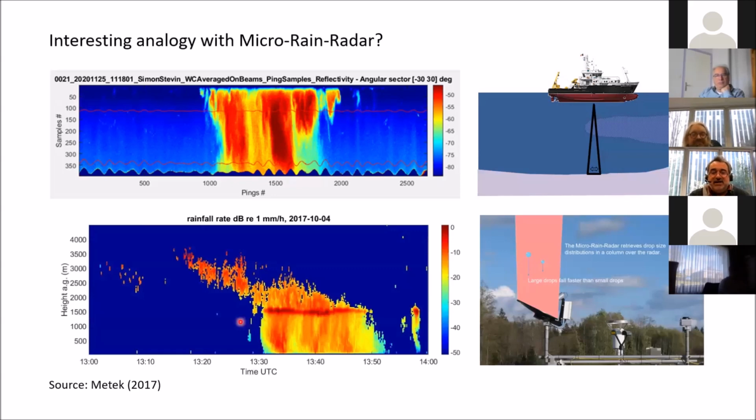And you see this image is a view of raindrops seen by a micro radar from the earth. We are really enthusiastic to see this analogy with the image of plumes of sand in the water column. I thank you very much for your attention.